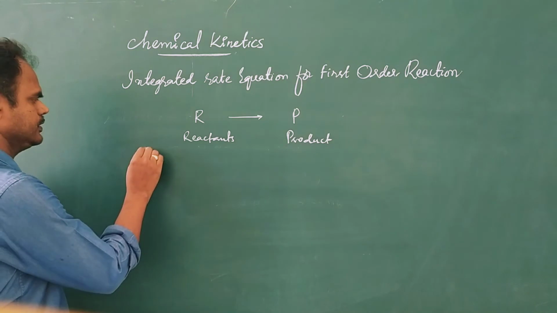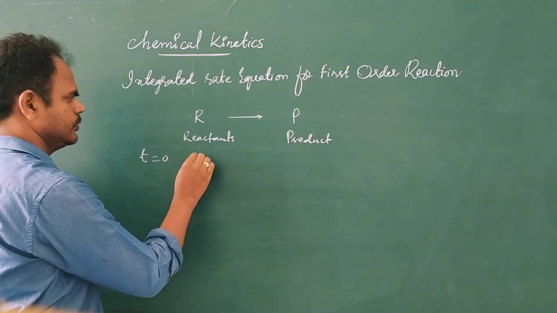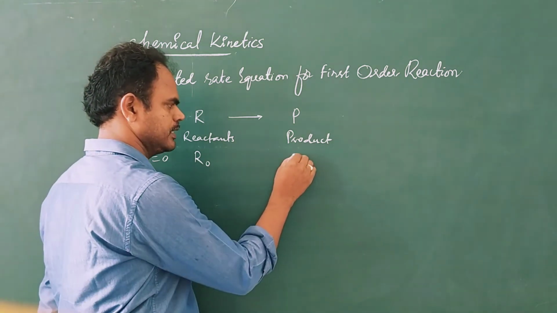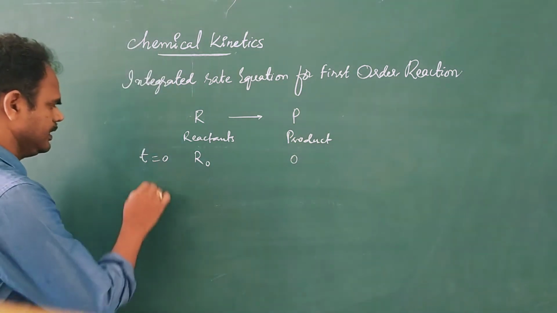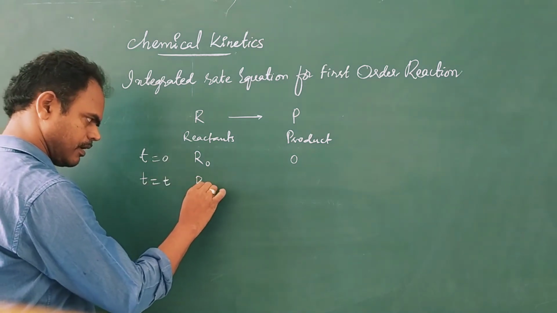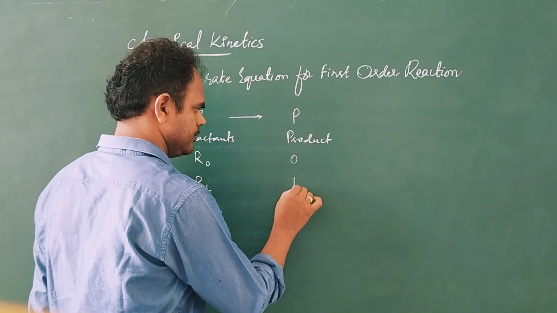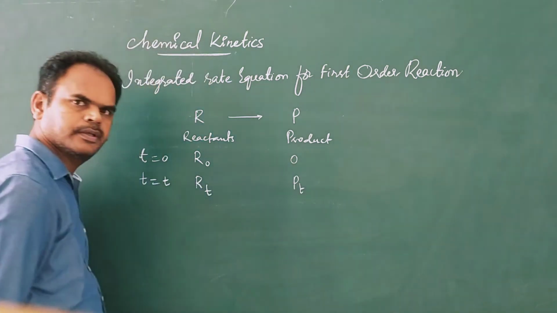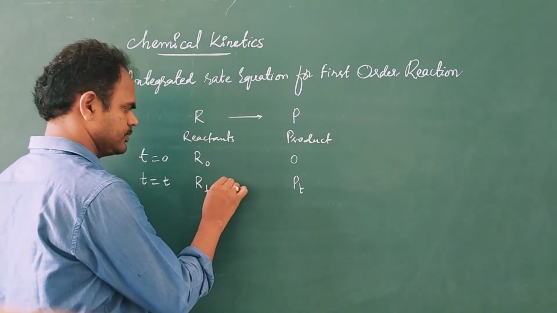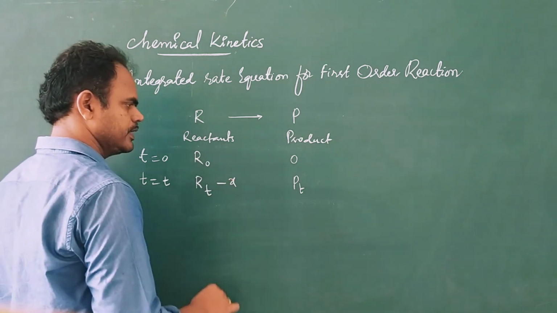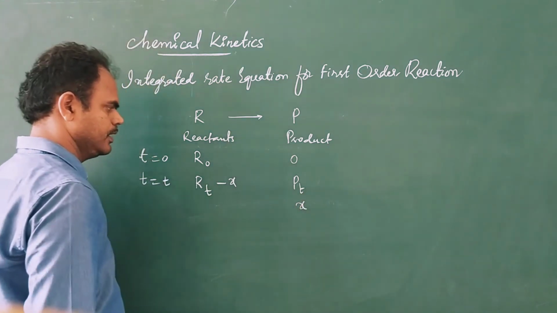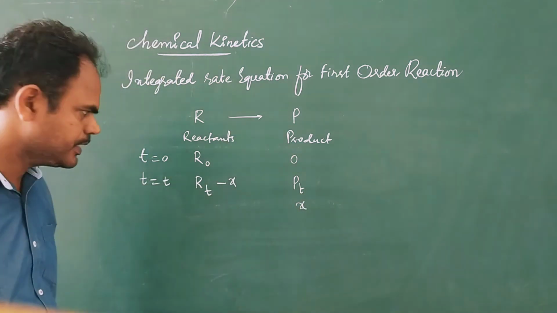Now at t equal to 0, R0 is the initial concentration, and the product is 0. At time t, R will become Rt and P will become Pt. So Rt remains after decomposition of X quantity of R, and this will form in the form of X. If X is decomposed, X will appear.